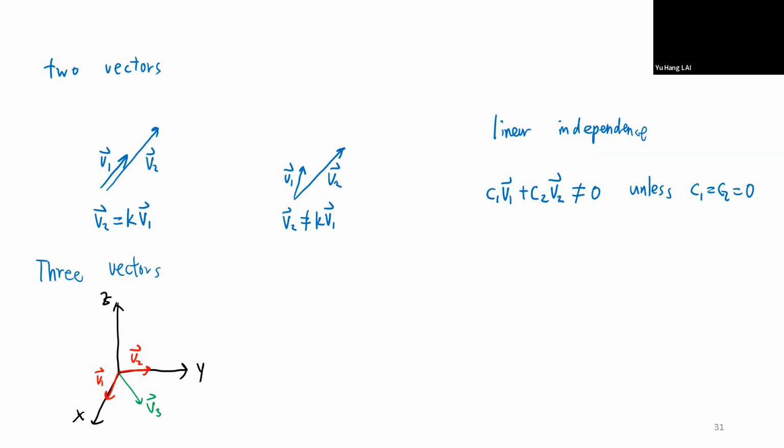In this case, you can see that v3 can be expressed as a linear combination of the other two vectors.